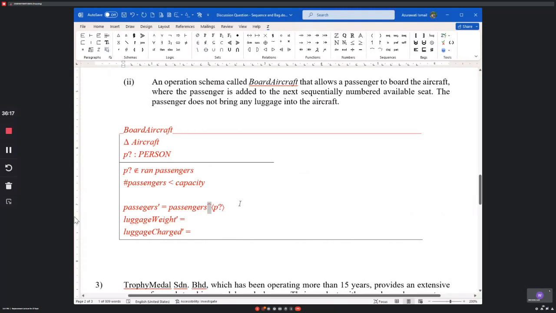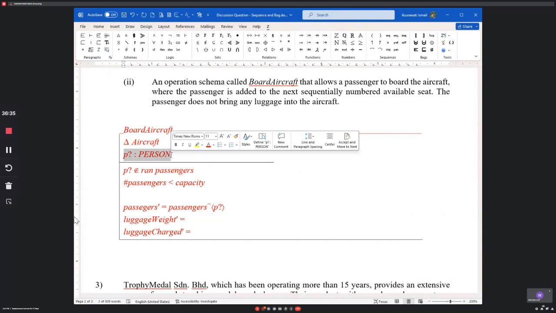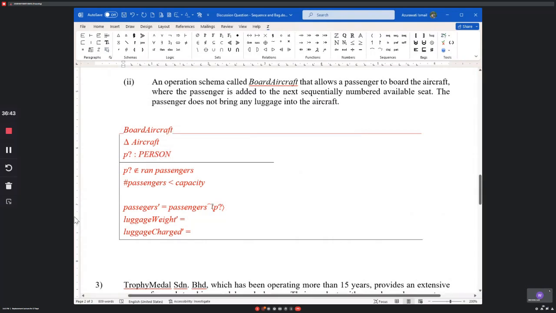So why do we need the angle bracket? Because you have to remember, when it is a sequence, there is numbering involved as the domain. Our variable here is without numbering. It's only a single person without a numbering. So in order for us to add this person into our database, we have to add the numbering for this person. That's why we use the angle bracket here.